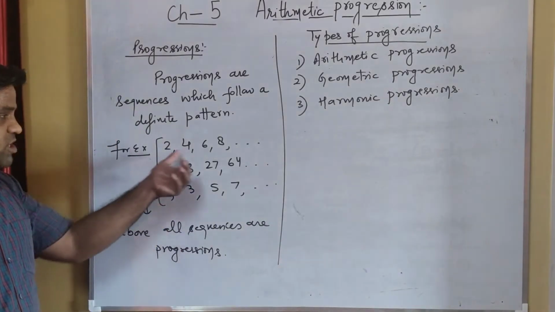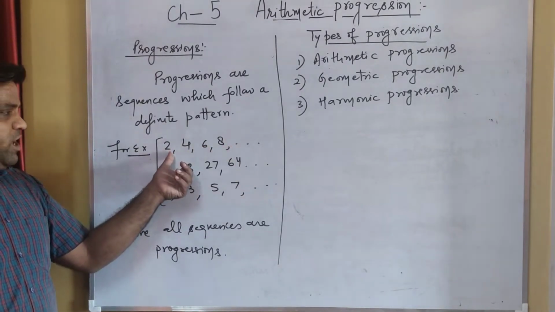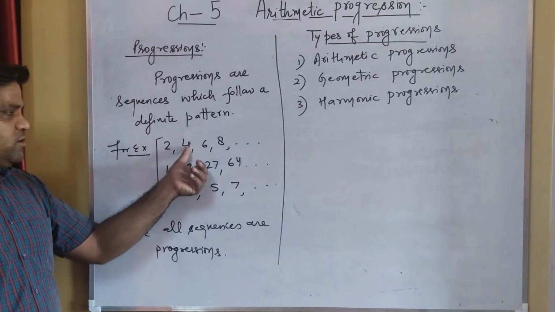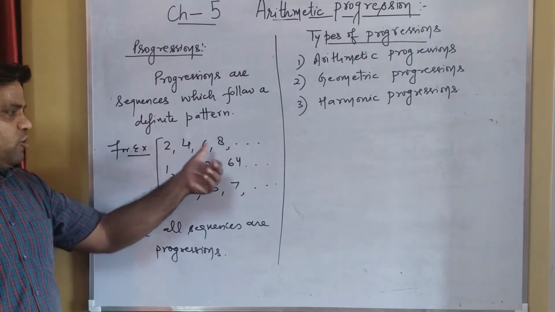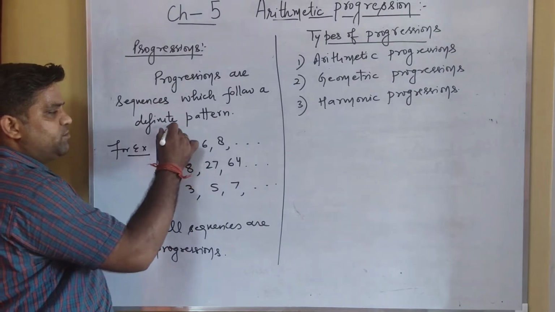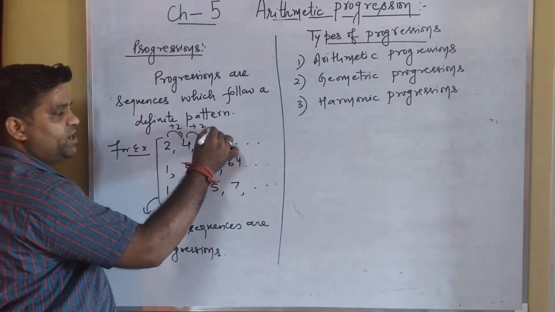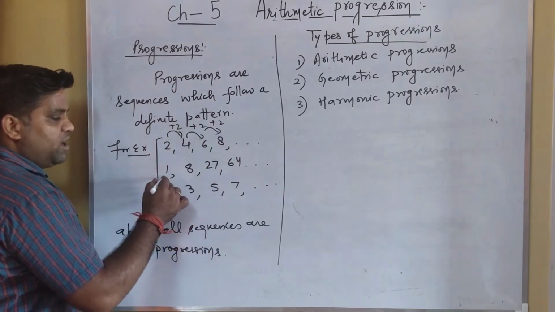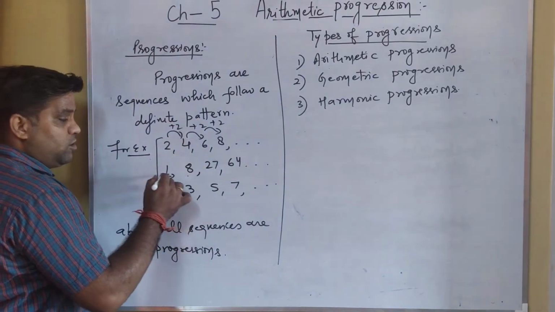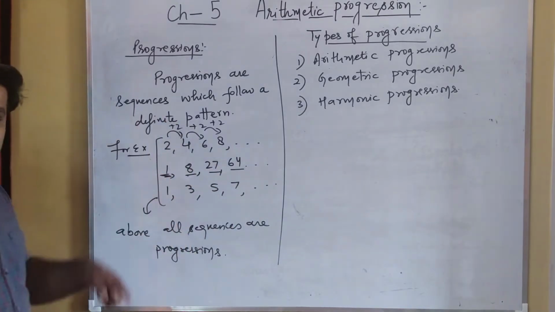Here some sequences are given: 2, 4, 6, 8. We know that each term coming after 2, after 4, follows some pattern, because here 4 comes by adding 2, 6 comes by adding 2 to the previous term 4, and 8 comes by adding 2. Here 1 is the cube of 1, then the cube of 2, the cube of 3, the cube of 4, and so on.